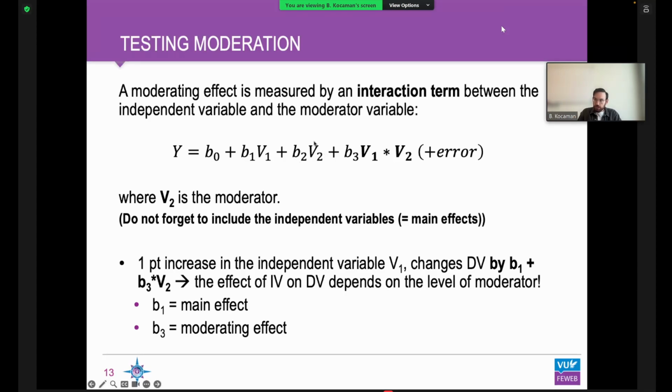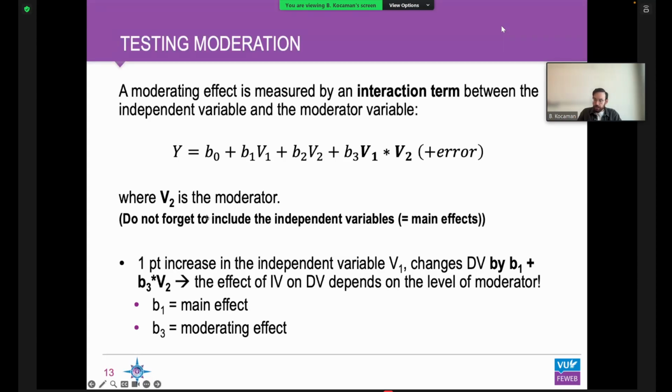We then include its main effect, or direct effect, of this moderator, and an interaction term between the two. An interaction simply means a multiplication of two values. So for variable 1 and variable 2, we multiply the numbers that we see in the data set. So this is the mathematical representation of the model when you have an independent variable and a moderator.